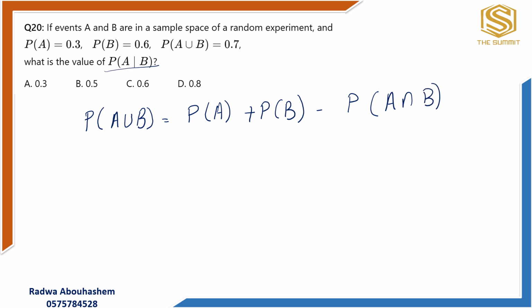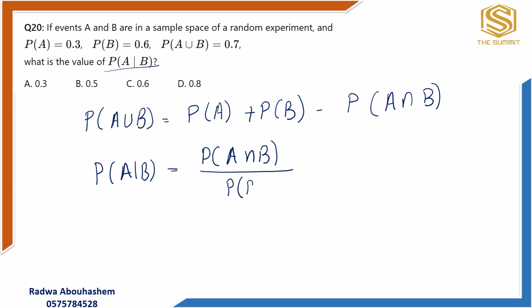And the rule for A given B: the probability of A given B equals the intersection over the probability of B. I don't have the intersection, so I can get it from this information.